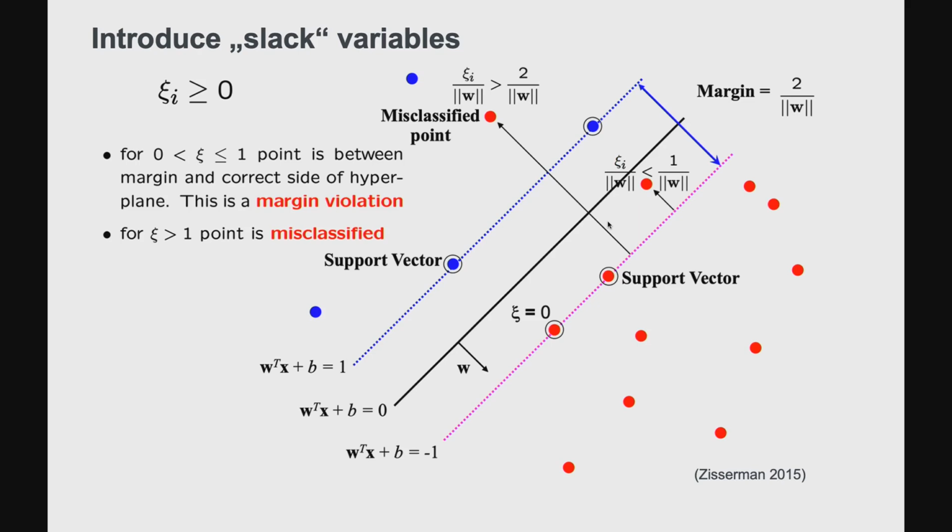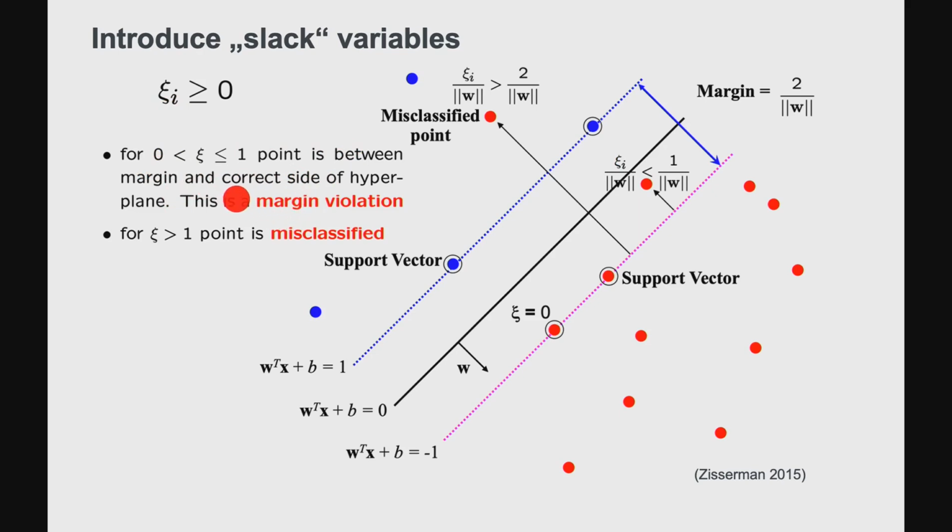We have a misclassified point. Or we have even a point here which is entirely wrong, and this has a very large slack compared to this original support vector target. So the idea is to introduce these slack variables zeta i, such that if they are between 0 and 1, the point is between the margin and the correct side of the hyperplane.